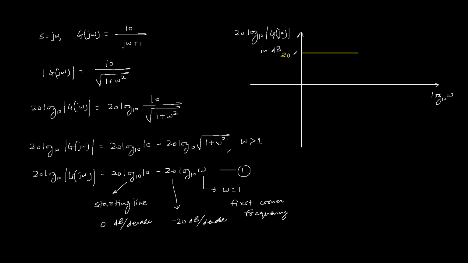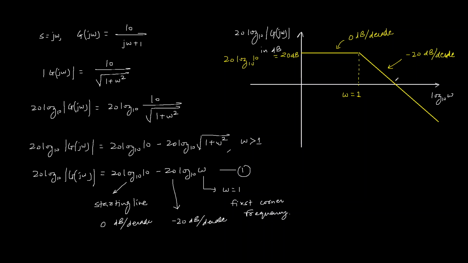This is 20 dB, which is 20 log 10 base 10. First corner frequency is omega equal to 1, and slope after first corner frequency is minus 20 dB per decade. So this is a line with negative slope. Starting slope is 0 dB per decade. After first corner frequency, slope is minus 20 dB per decade.